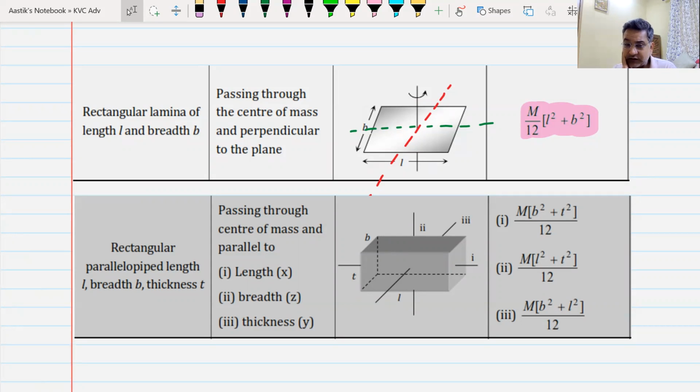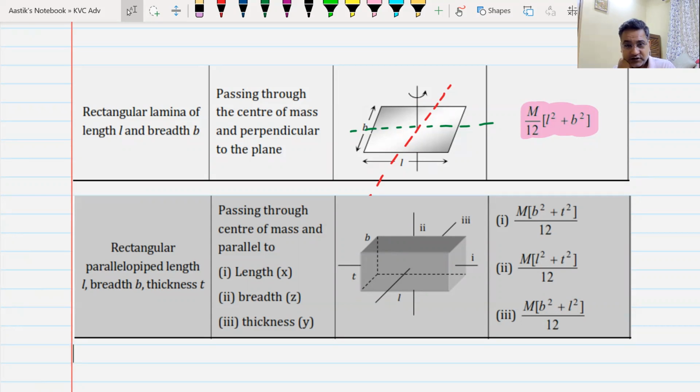By using the moment of inertia of the plate, which is the same as the moment of inertia of the rod. Yes or no? Yes, sir.